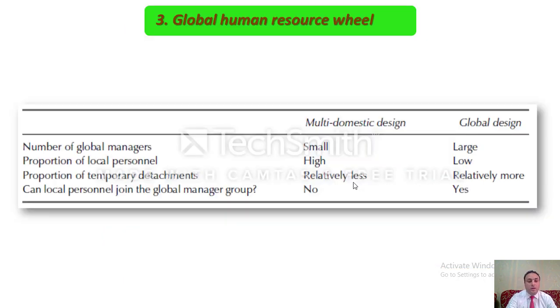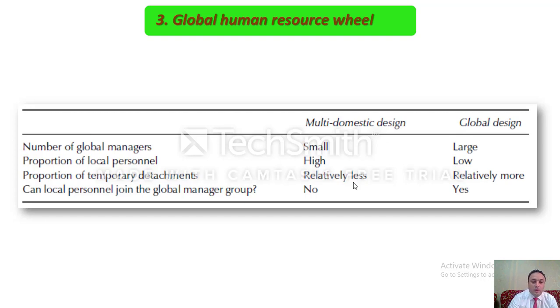So to finalize this topic about the human resources wheel, we can see the main differences between these two models. In the multi-domestic model, the number of global managers is small or few. In the global design model, the number of global managers is very large.